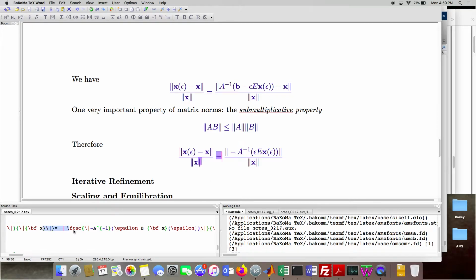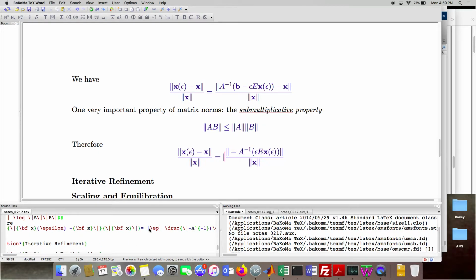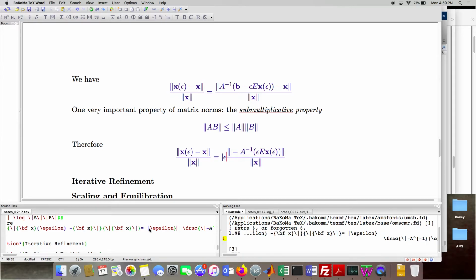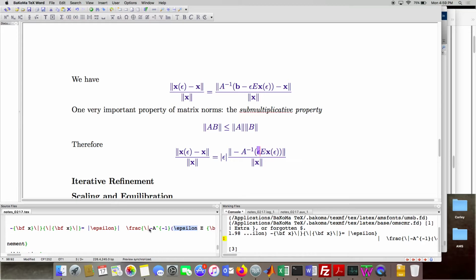So first, I'm going to pull out the epsilon. So now I can get rid of it in here. And then I have, well, I don't need the minus.